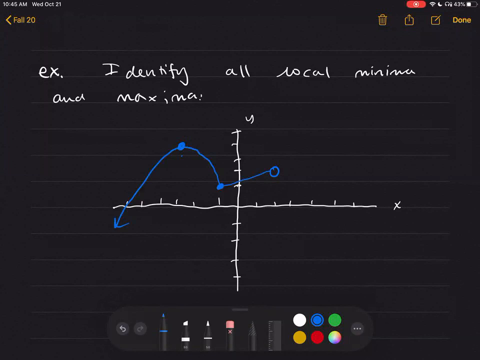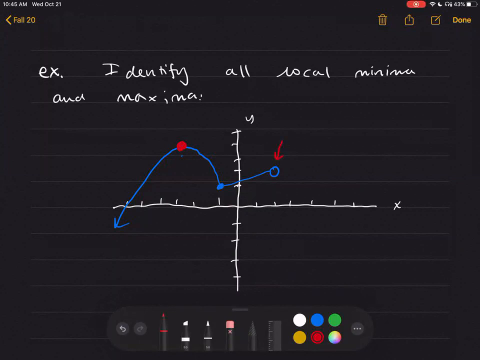So first we look at the maxima. We want to look at where we have our little top parts, the little peaks, right? You see we've got one here at this top. And you might be tempted to say, oh, what about this one right here?